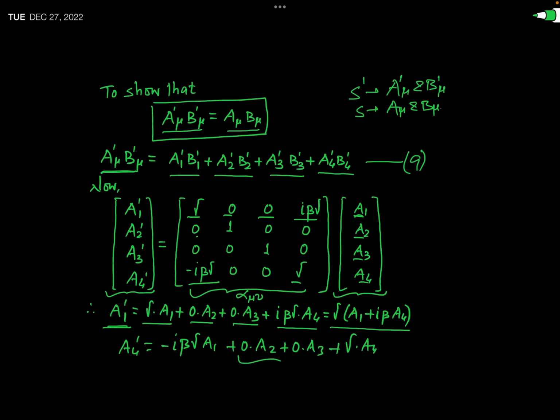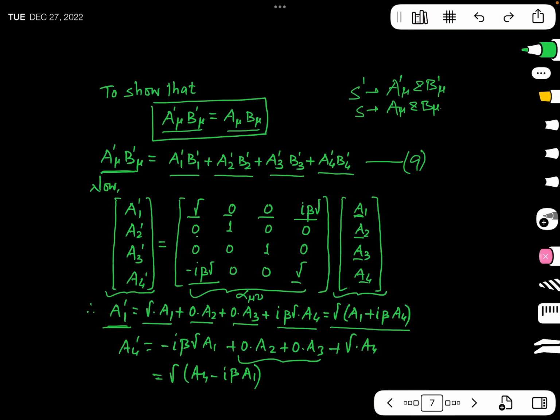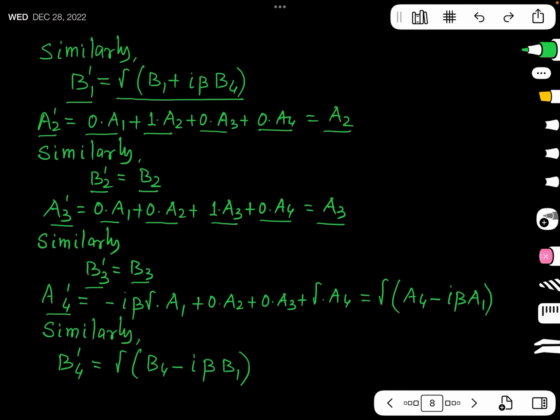So these two terms simply are 0, and so this will be equal to gamma times A4 minus i beta A1. And you can see I have obtained it here.